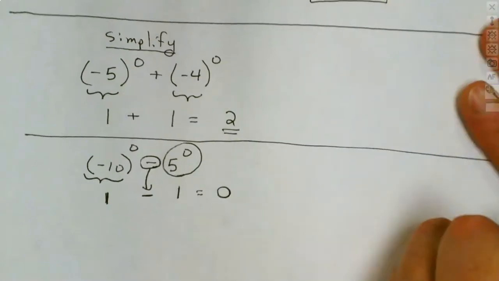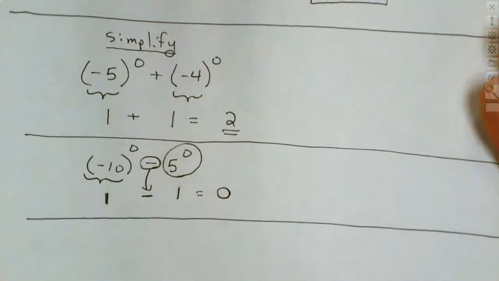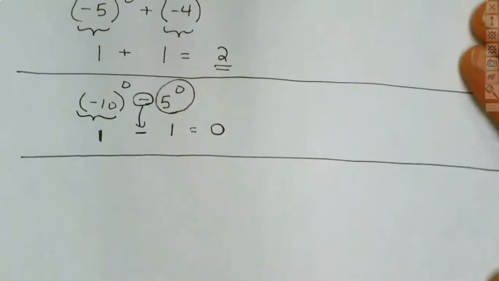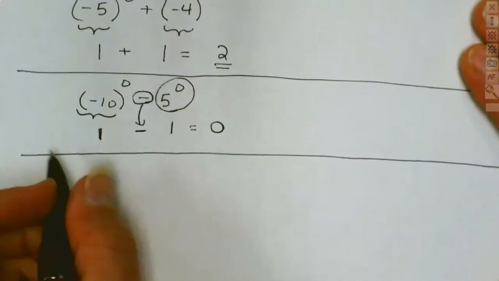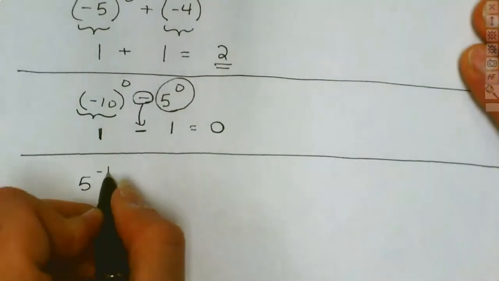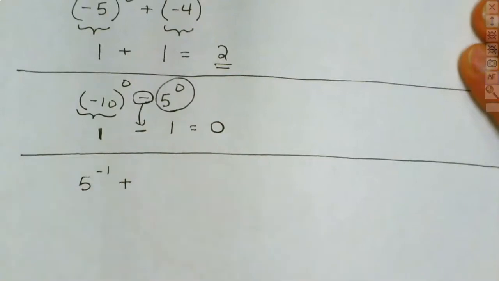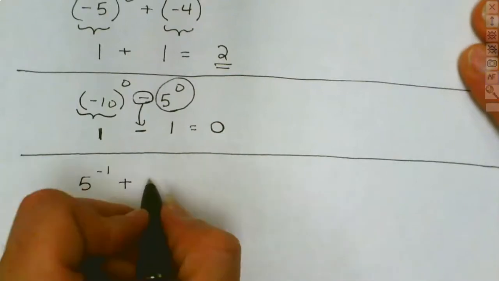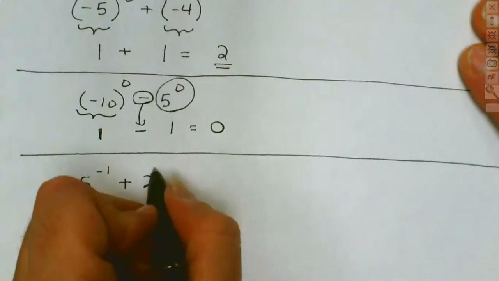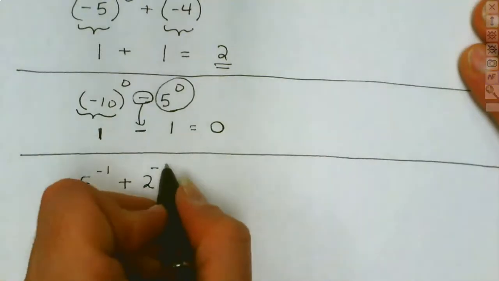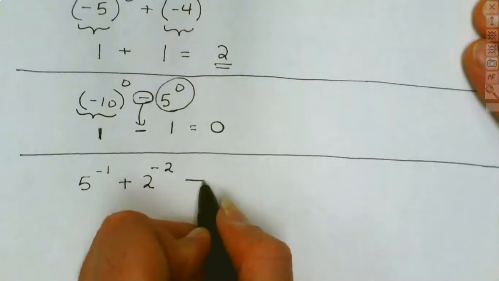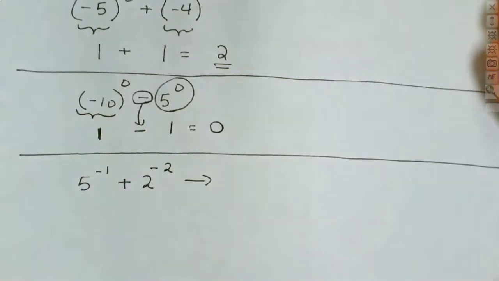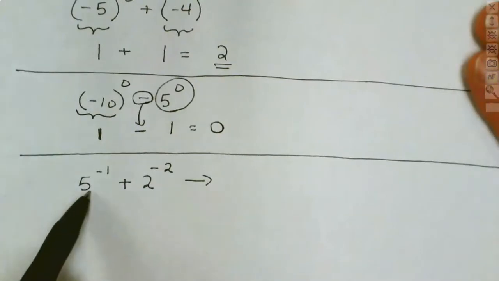What about numbers with negative exponents? Let's try a couple of these to work out. Okay, well, we've got negative exponents and we don't want them. So we want to add these together.